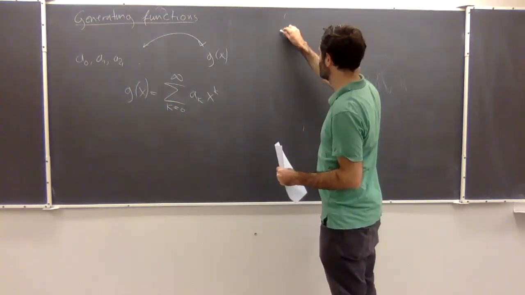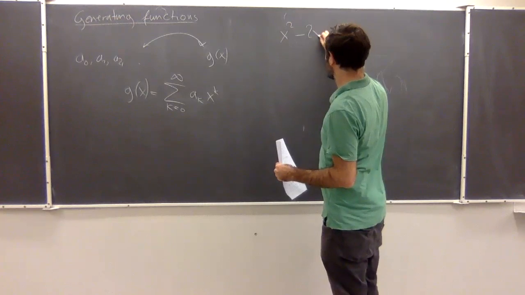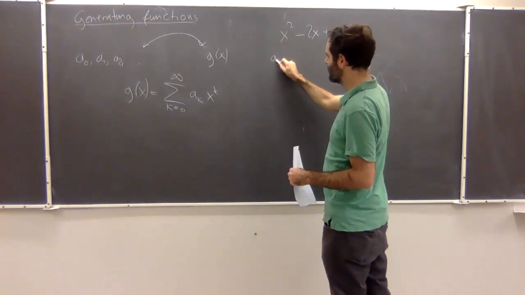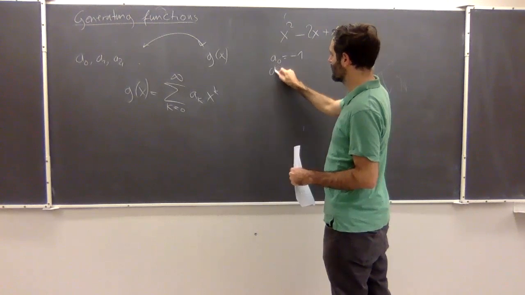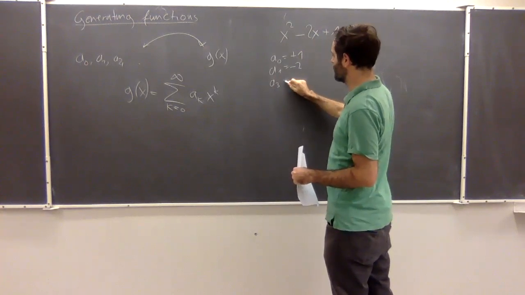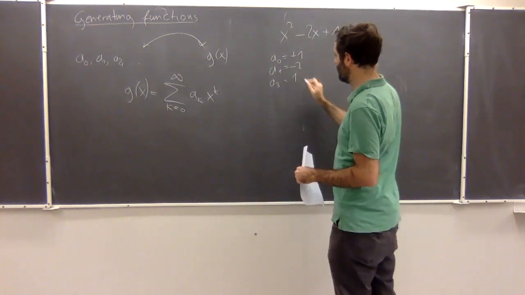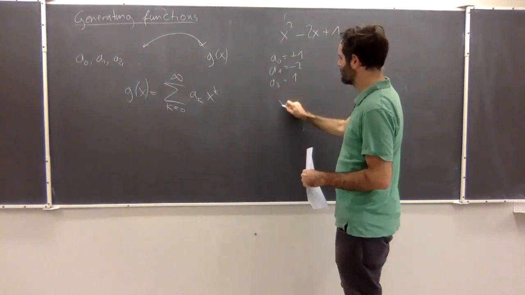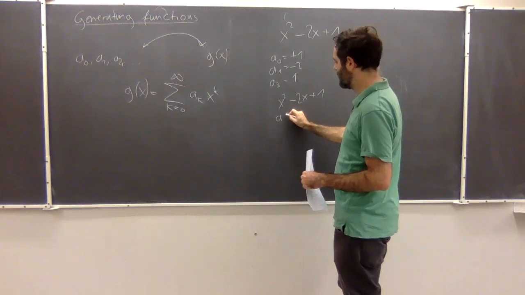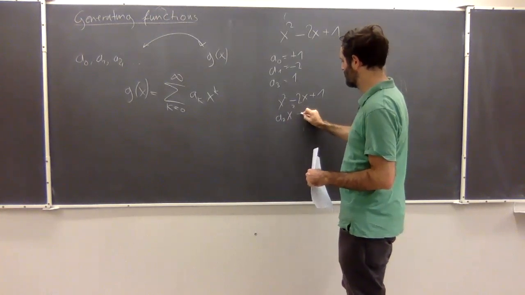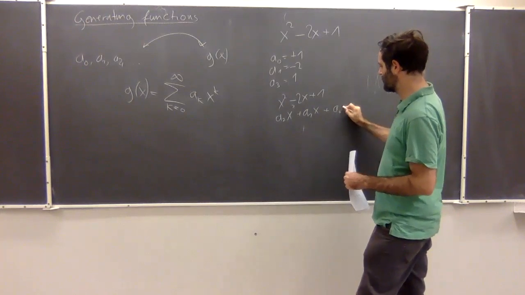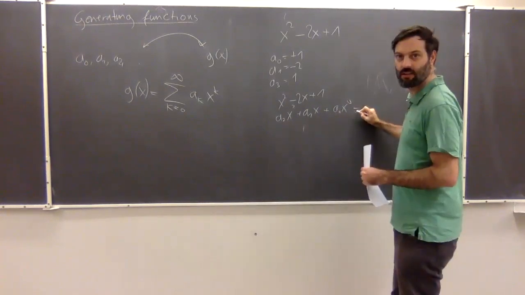If I have a polynomial x squared minus 2x plus 1, I could also write this as a sequence. a0 is equal to 1, a1 is equal to minus 2, a2 is equal to 1, and then I can write x squared minus 2x plus 1 as a2 times x squared plus a1 times x plus a0 times x to the power 0.